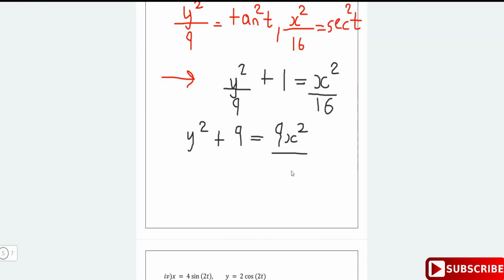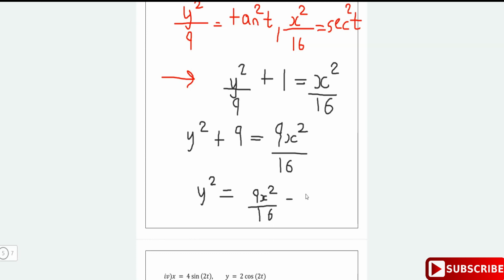And then we can subtract 9 from both sides to get that y square works out to be equal to 9x squared over 16 minus 9.